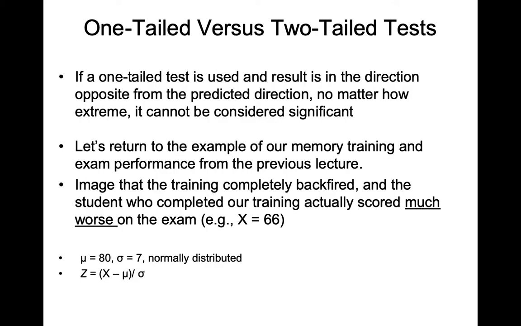Let's convert 66 to a z-score. We'll just plug in our numbers. 66 minus 80 divided by 7. That gives us a z-score of -2. Okay, the sign, of course, is very important. That negative tells us that 66 deviates in the negative direction, which makes sense because it's less than 80. So therefore, we've got a negative z-score.